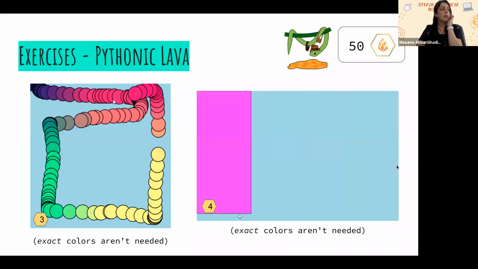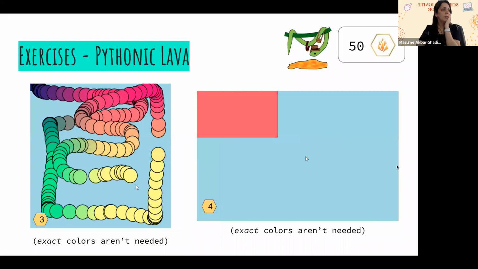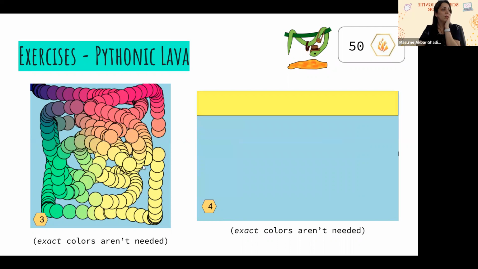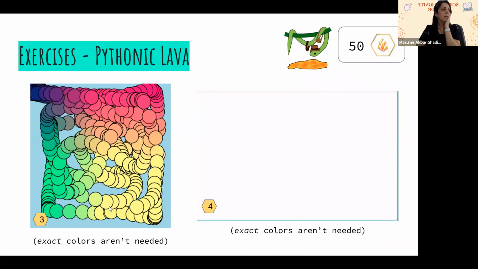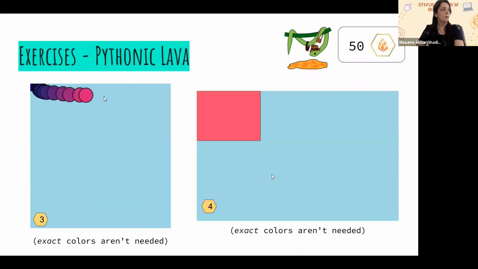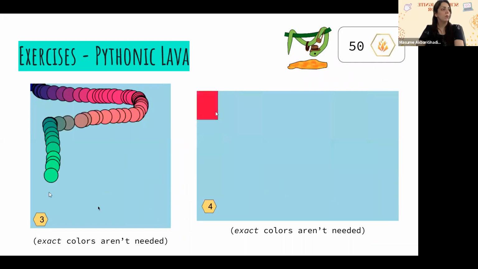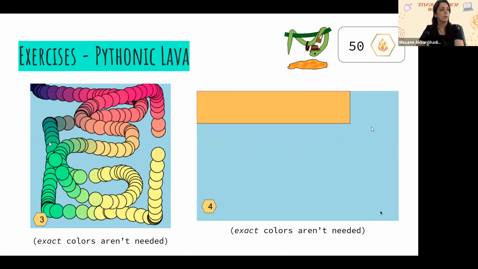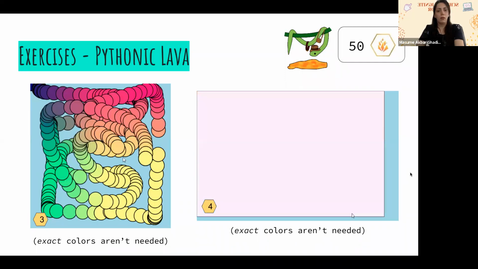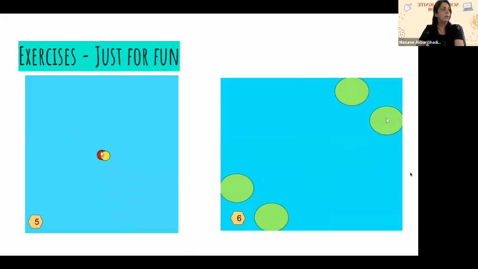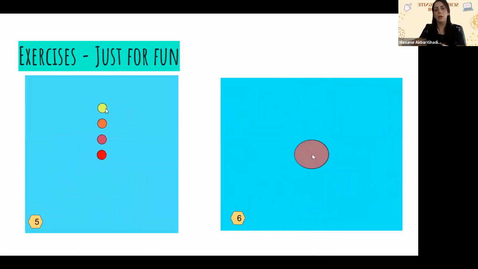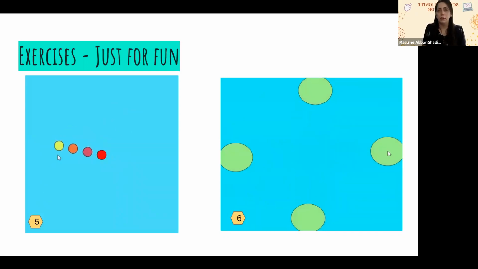And for Pythonic Lava, we have this. You need to draw these circles, but by moving the mouse the color changes, and here the same thing with the rectangle. And we have this just for fun. They don't have any Ignite points, but you can try to work on them. You can go to your breakout rooms and start working.